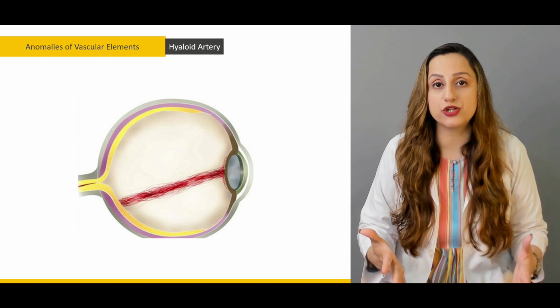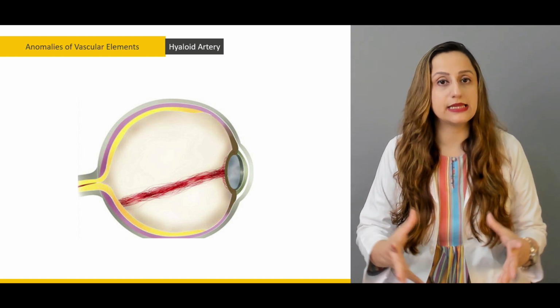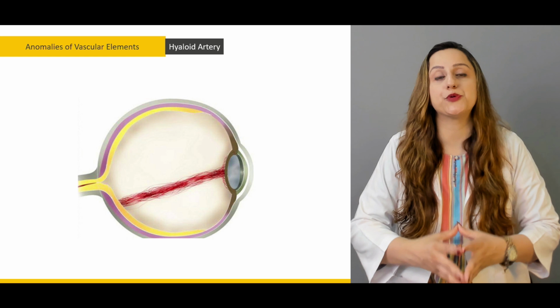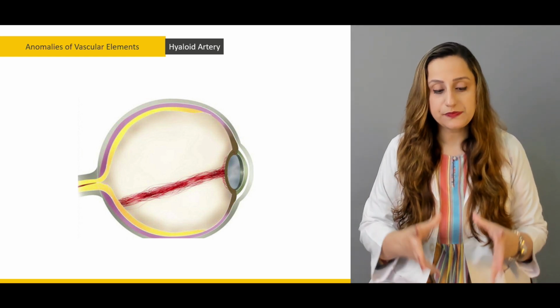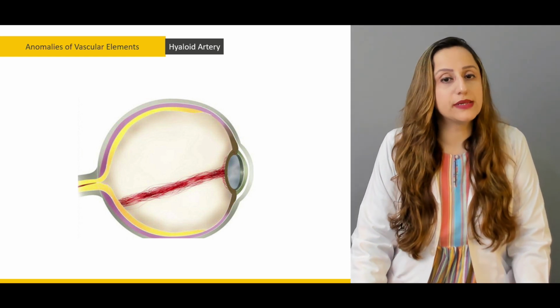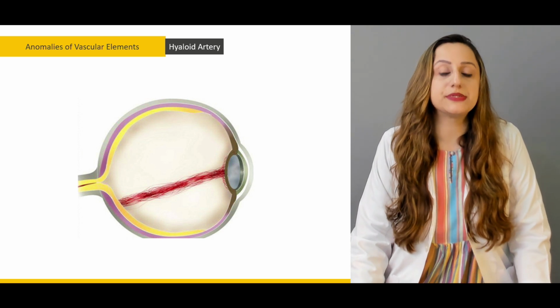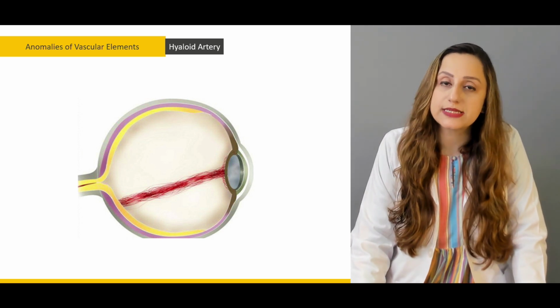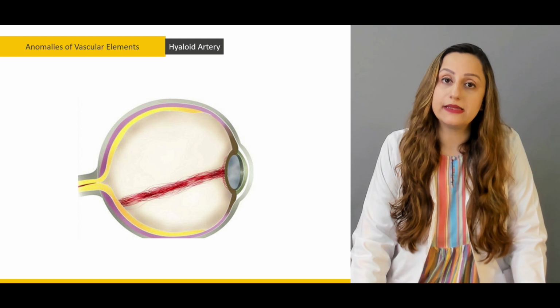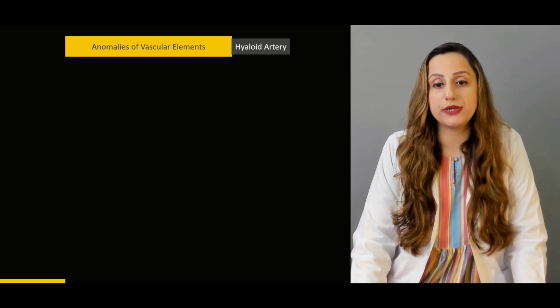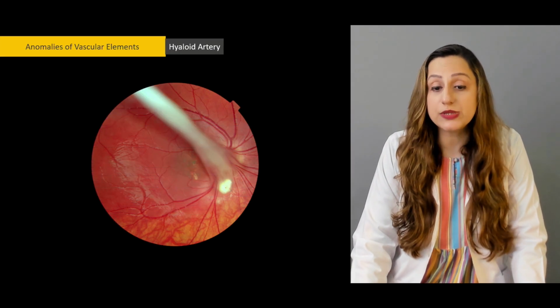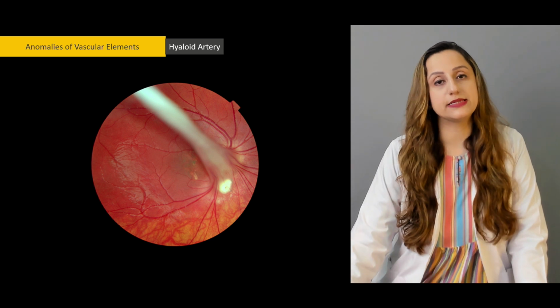You see that vascular loop present in the vitreous, or in the posterior chamber of the eye. So this is the phenomenon of the persistent hyaloid artery. And these vascular elements, when we perform the fundoscopy or ophthalmoscopy, we can visualize these persistent hyaloid arteries.